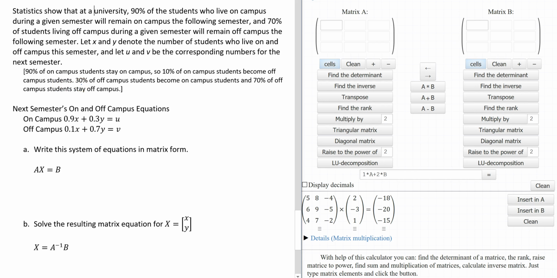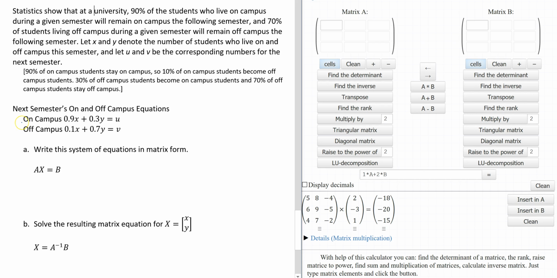And 30% of off-campus students will become on-campus students the next semester, while 70% of the off-campus students stay off campus. So I needed to figure that out before I could actually write my equations. Now with my equations, I'm going to approach the next semester with on and off-campus students.